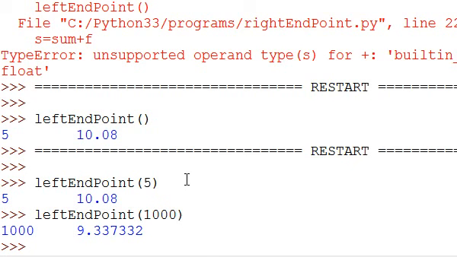In other words, we're dividing it up into 1,000 rectangles, and we're approaching that 9.33. And remember, that was the actual theoretical value. When we did the right endpoint, it was a little bit less. When we did the left endpoint, it's going to be a little bit more.